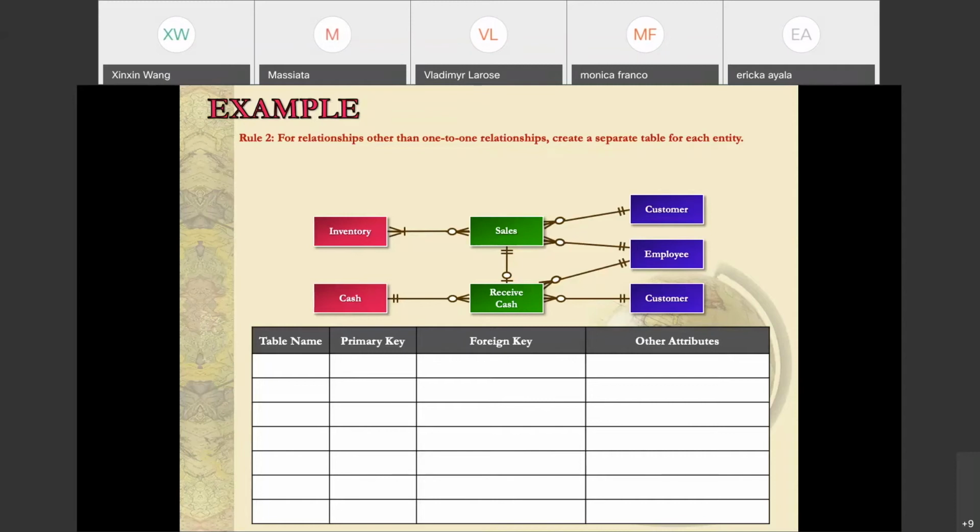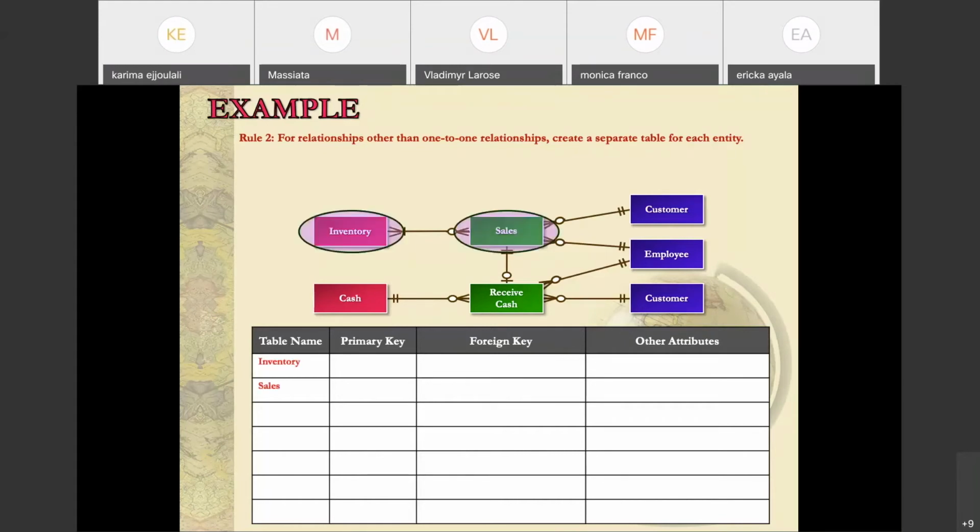And then what? You don't need to answer the primary key. Just tell me what the tables are. Customer table, employee table, a sales table and a receive cash table. Yes, and sales table.